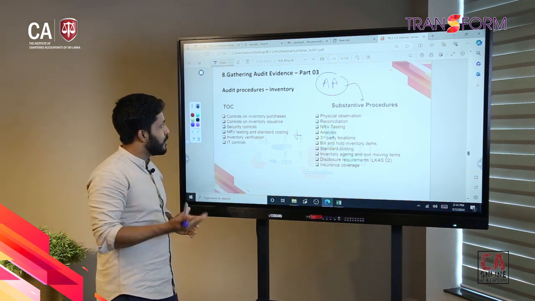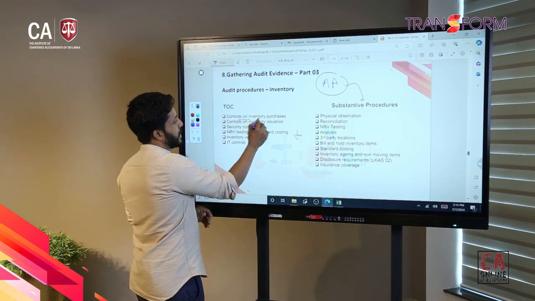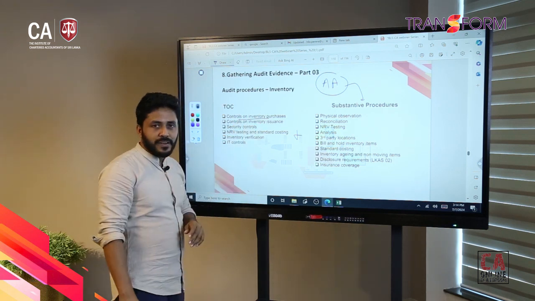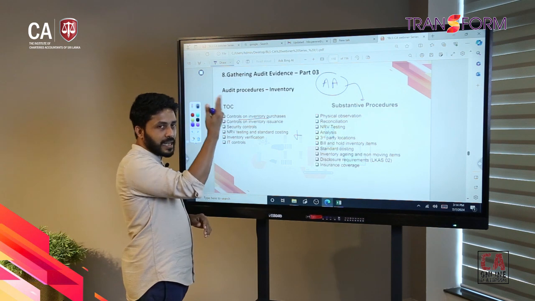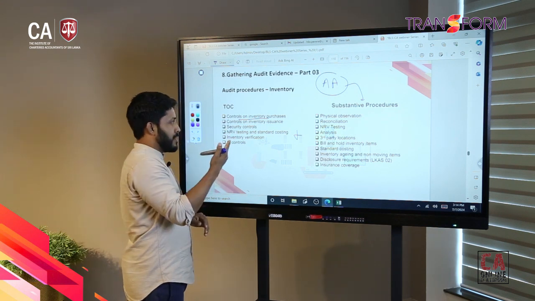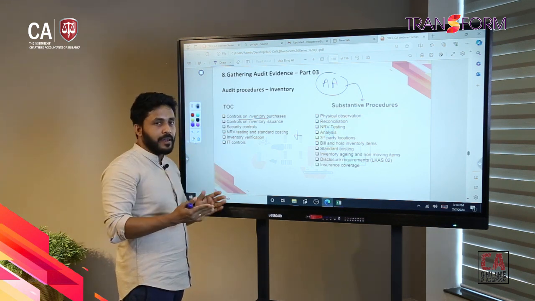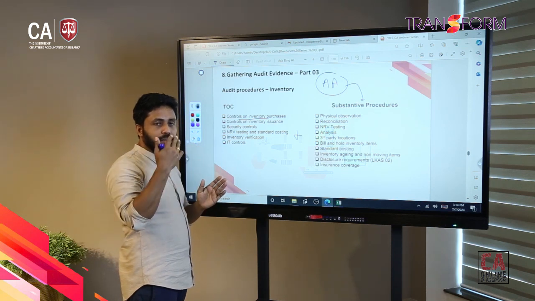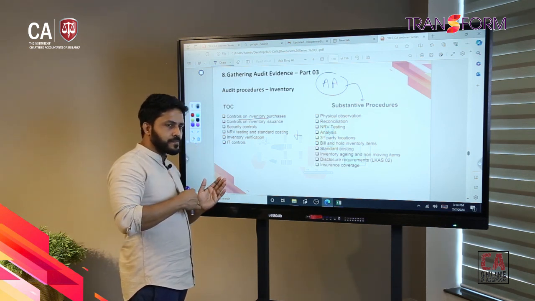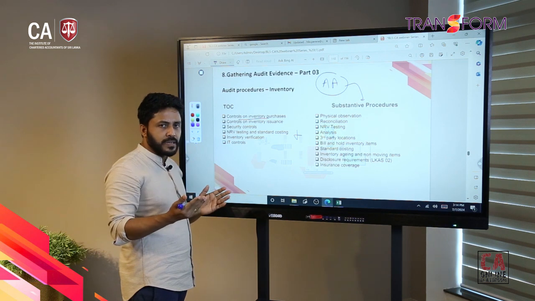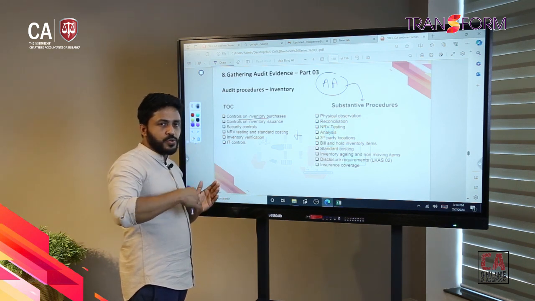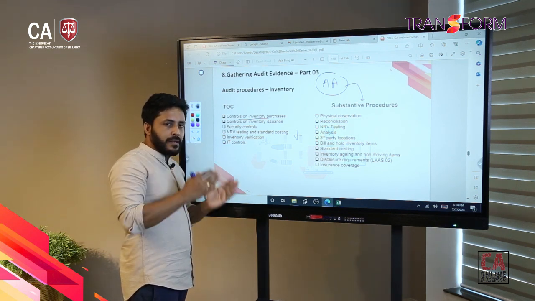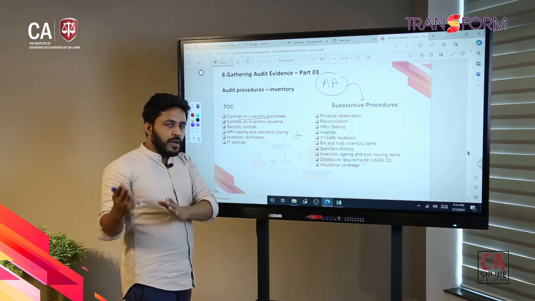So then once you are doing your TOC, you have to check inventory related controls. As we discussed in the process level, those three-way matching and updating the bin card, updating the inventory system, having a proper inventory verification, inventory issuance in between material to WIP to finished goods.